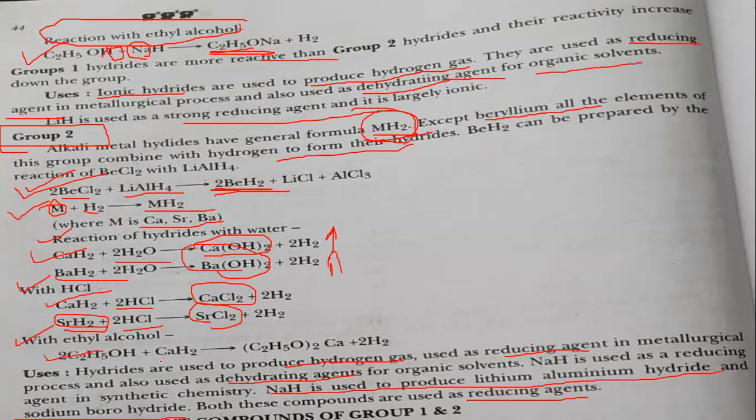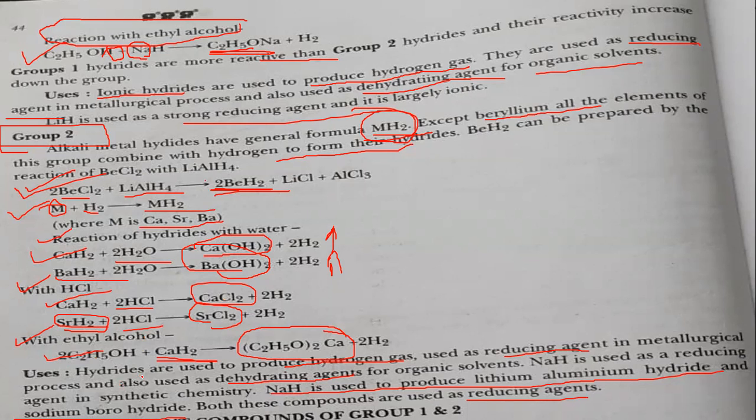Now see the case of ethanol: ethanol reacts with calcium hydride and forms the corresponding salt, or you can say calcium ethanoate.